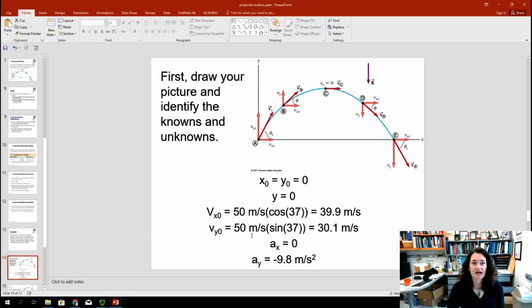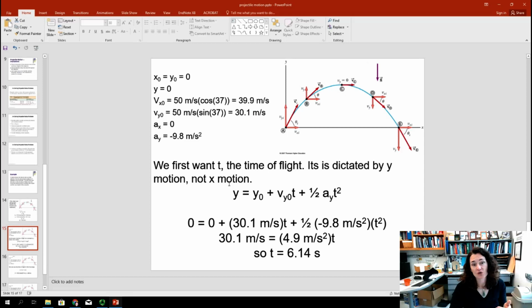When I solve for that, 50 meters per second times the sine of 37 degrees gives me 30.1 meters per second. Just to beat a dead horse here, the acceleration in the x direction is 0, right? No acceleration in the x. And in the y direction, my acceleration is minus 9.8 meters per second squared. So that's everything that I know, right? And now I'm going to go through and solve for the things that I don't know.